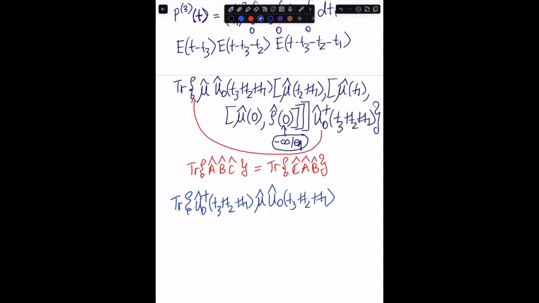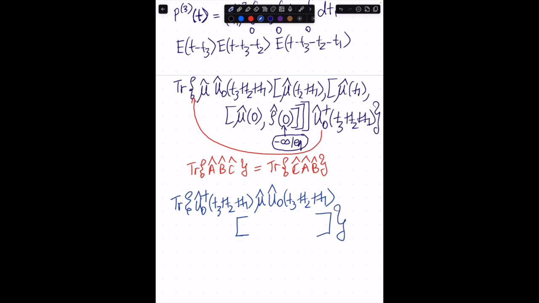So I'm just writing the trace part down here. I haven't copied the rest of it yet. I'm just going to copy this over here to tell you what I'm trying to do. And then you have the nested commutators. I'm going to just denote it by this bracket for now.